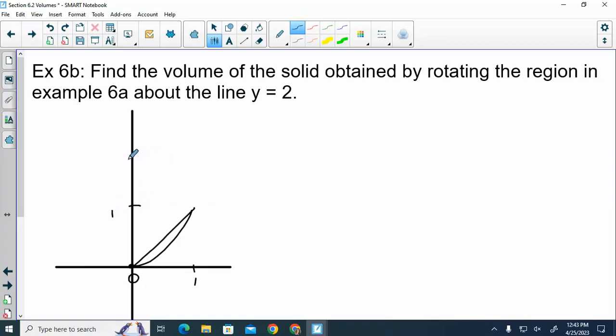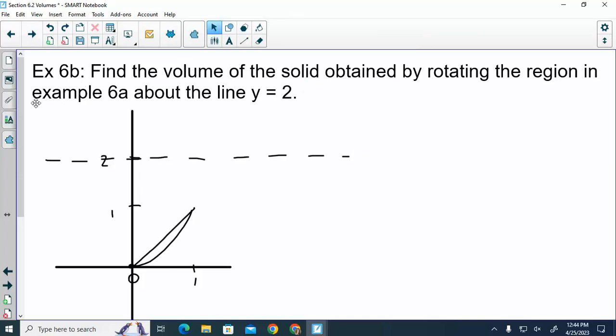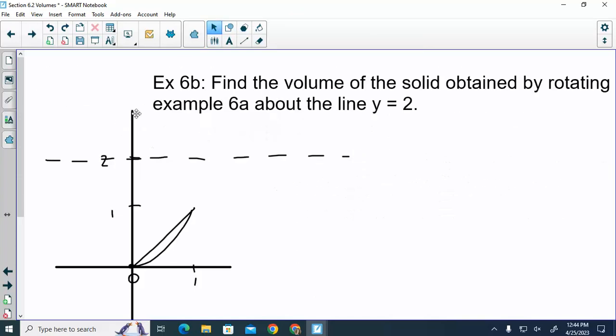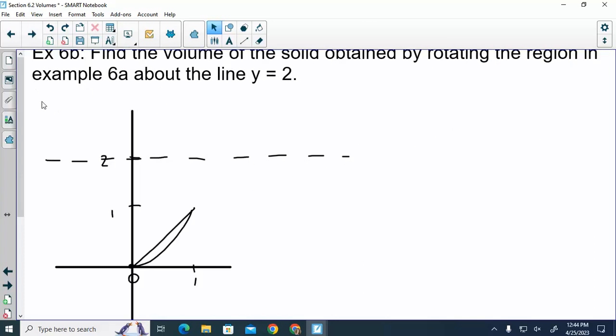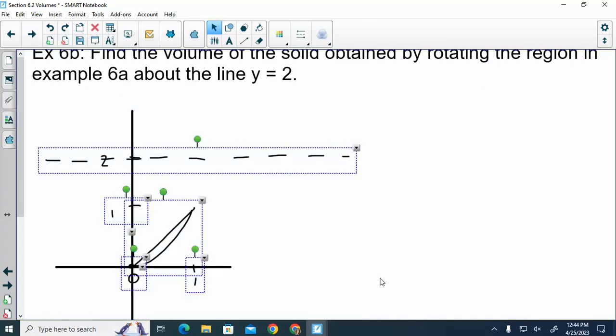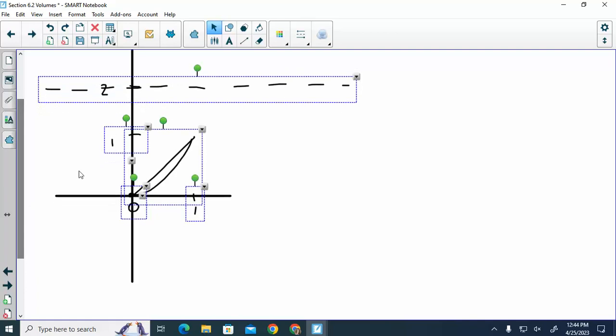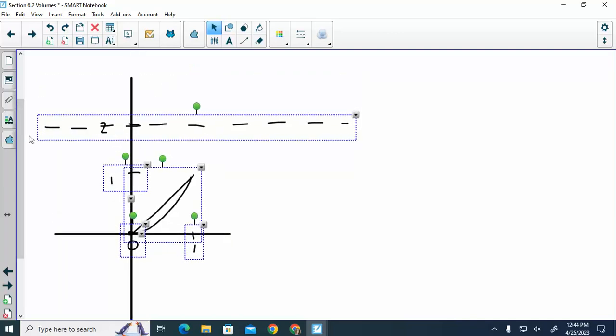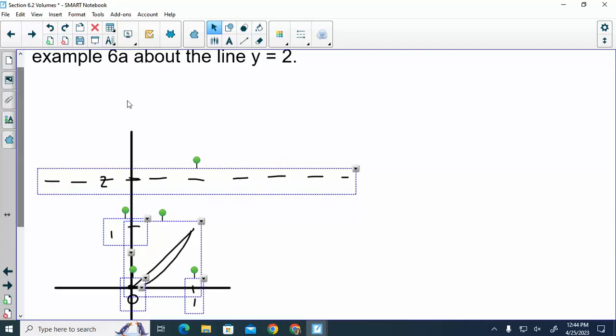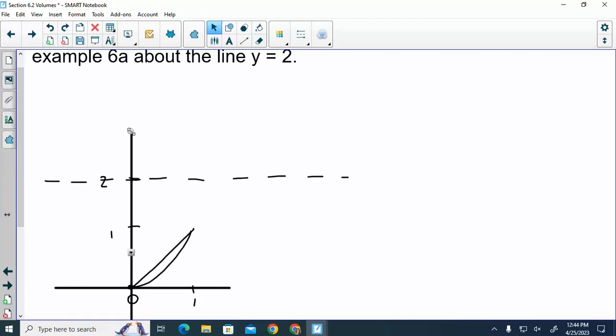So y equals 2 is up here. And I'm wanting to rotate around that line. Made it too big. Okay. So if I go to spin around this line, think of it as like reflecting first.